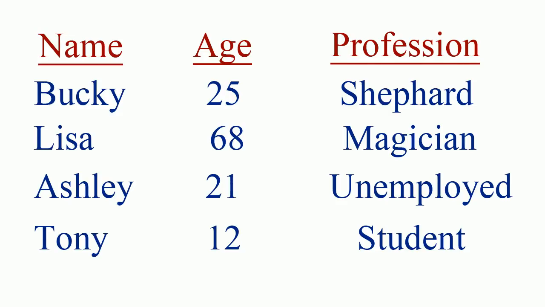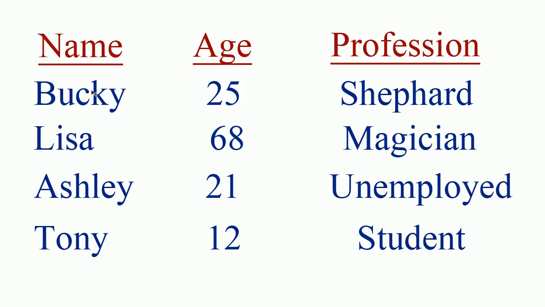So say we wanted to make a huge database that was going to store all of the people in the United States. Whenever we were making a database, say we organize it like this, we would say, okay, database, look for a person named Bucky. And it would say, okay, I didn't find one. There are actually 6,000 people in the United States named Bucky.